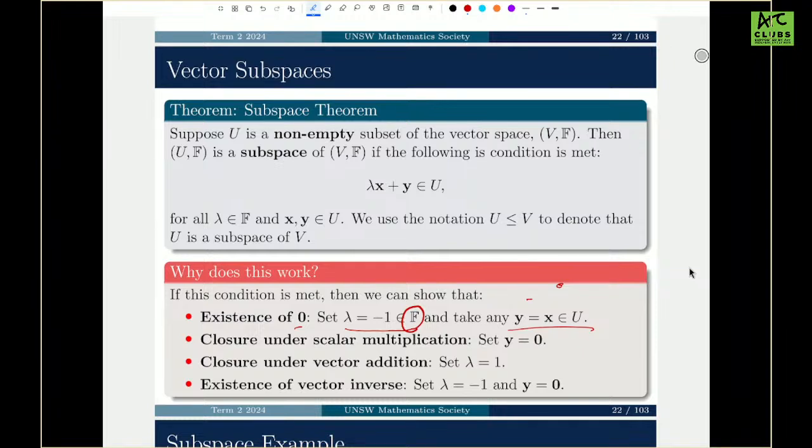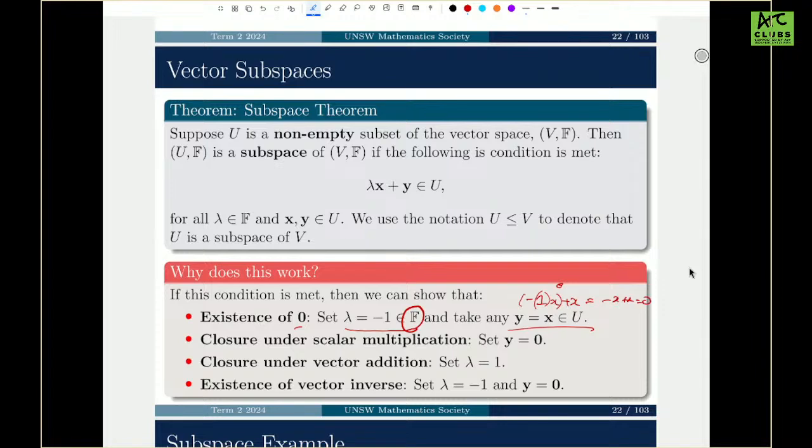Because then we'll get -1x plus x, and then 1x is just x. So what I'm implicitly doing is changing these brackets to be here. -x plus x equals 0.